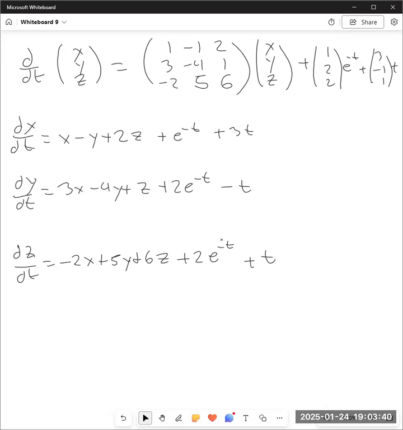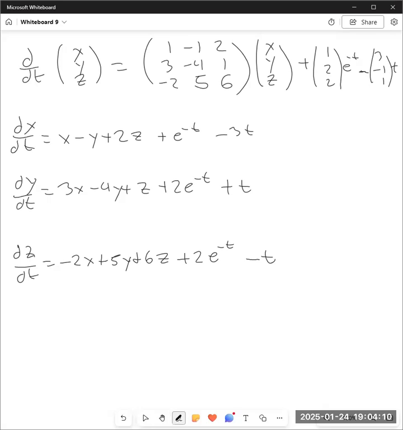So 1, negative 1, 2, 1. Oh, there's a minus sign here. That's tricky. So this is minus, plus, and minus. So watch out for that.